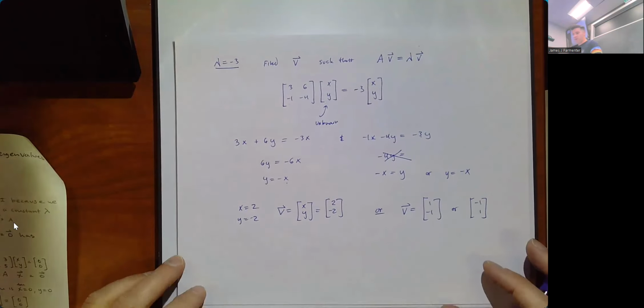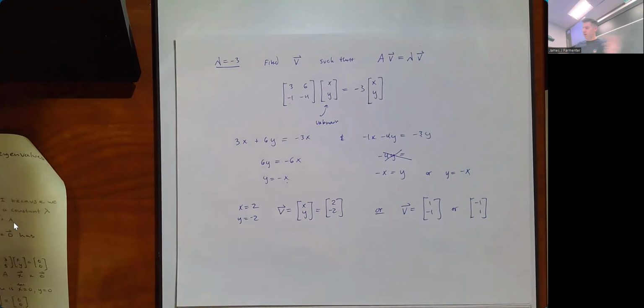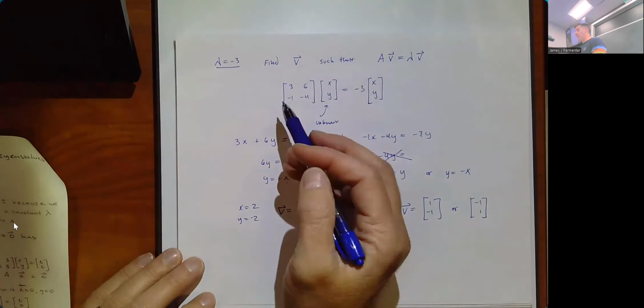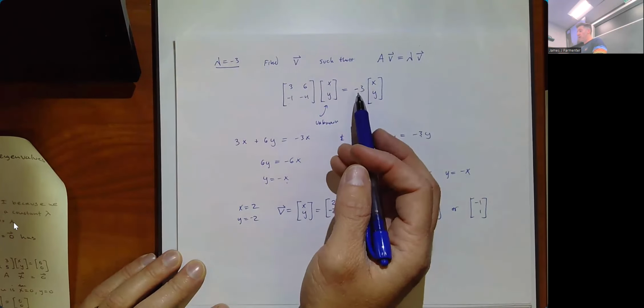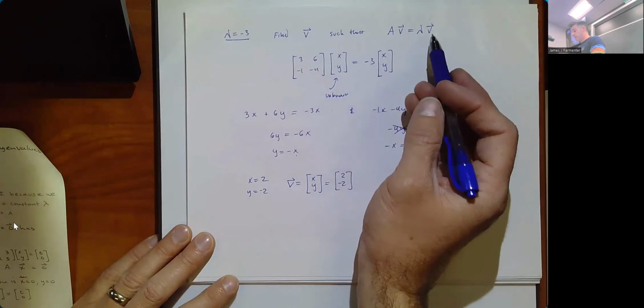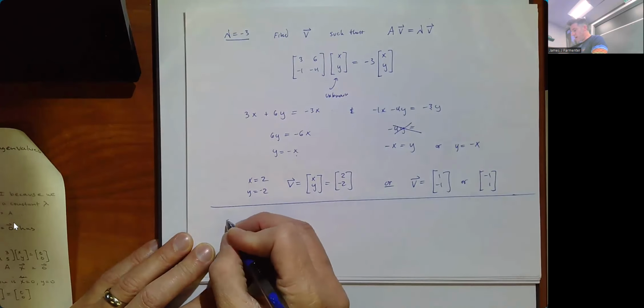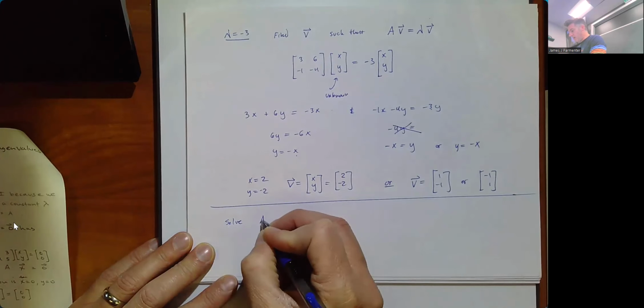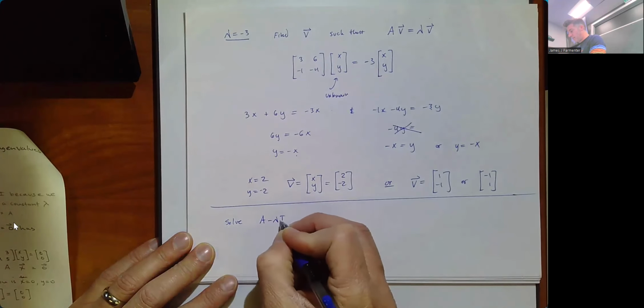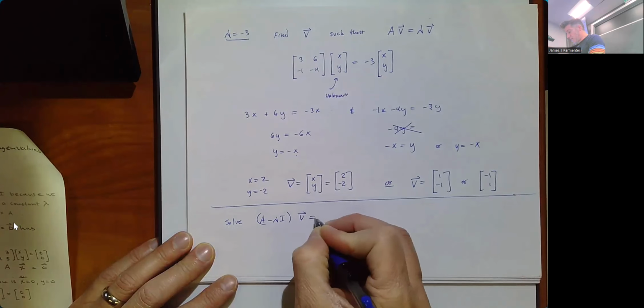I will point out one more quick thing. The other way of doing this, which I don't prefer, is instead of solving this, you solve A minus lambda I times v equal to 0.